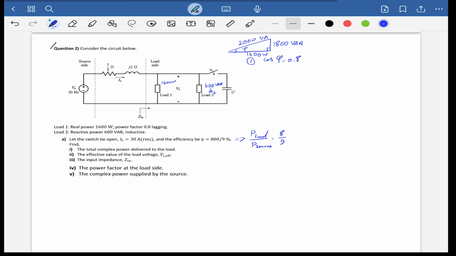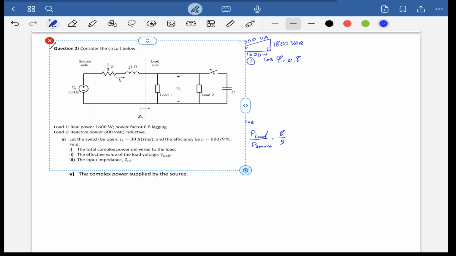And the P load, what can we say about the P load? Well, we know that P source is basically P load plus P line. This part, right? This is P line, okay?